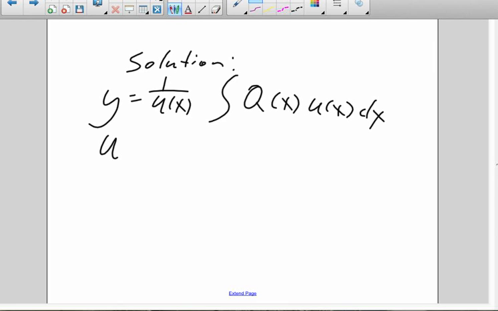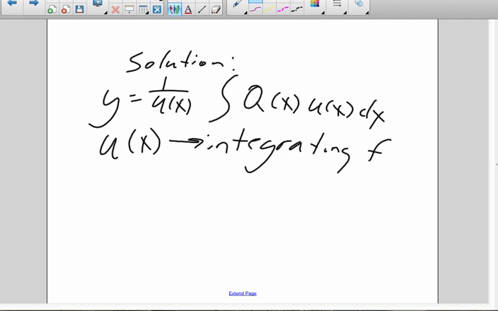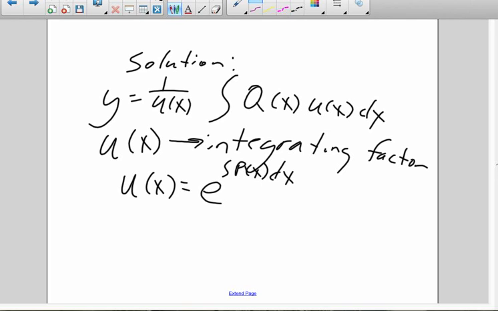U of x is called our integrating factor. And u of x equals e to the integral of p of x dx.